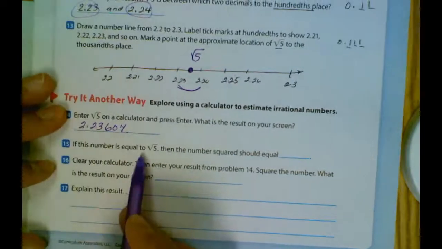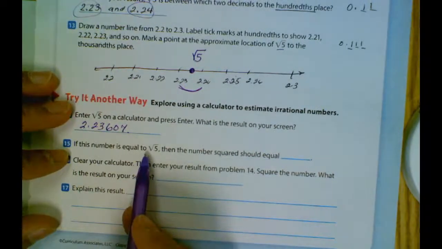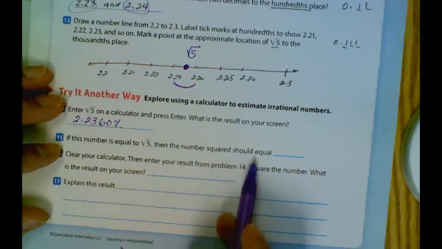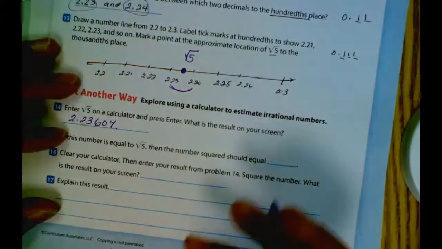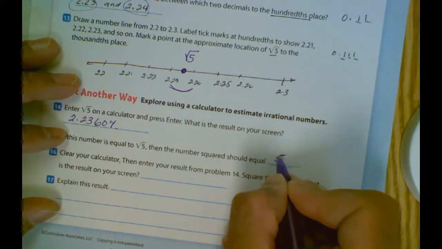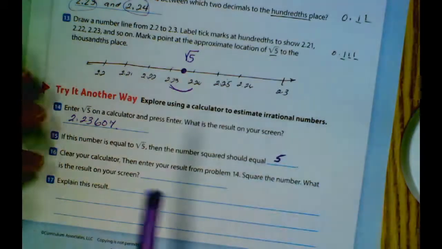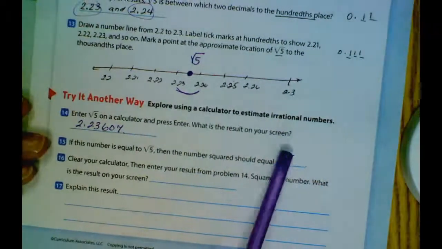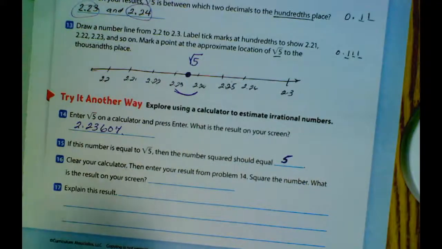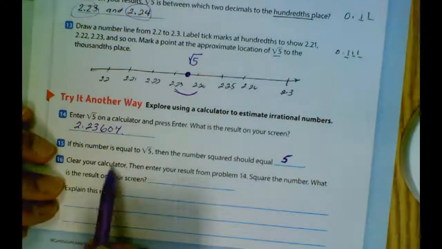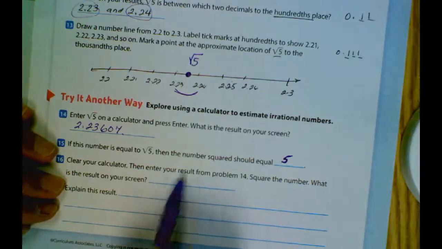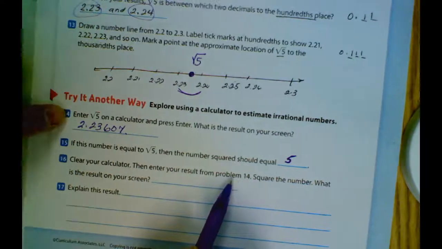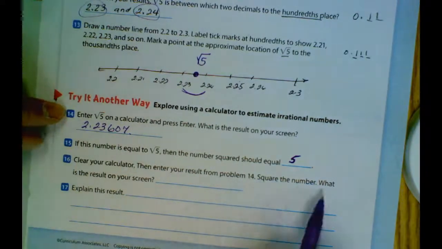And then 15. If this number is equal to square root of 5, then the number squared should be equal to 5. Because if you square that number and multiply it by itself, it will give you 5. Then clear your calculator, then enter your result from problem 14, this one. Square the number.